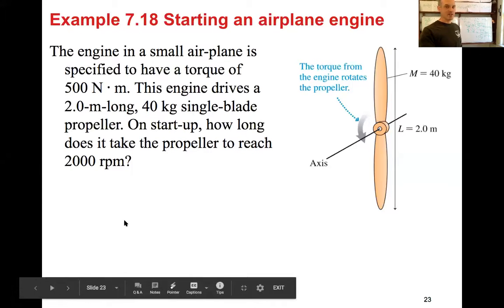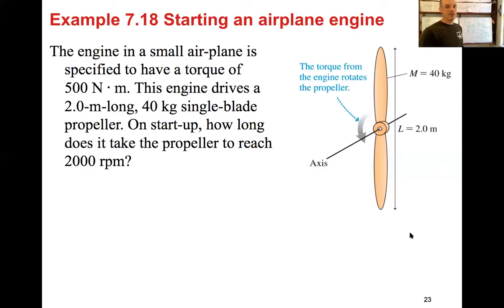All right, last sample problem here. So this is extremely dangerous, but one of the ways they would start planes is just push on the propeller. Obviously that's a bad idea because you could get chopped up to death. But you could start a motor essentially by grabbing the prop and pulling it.